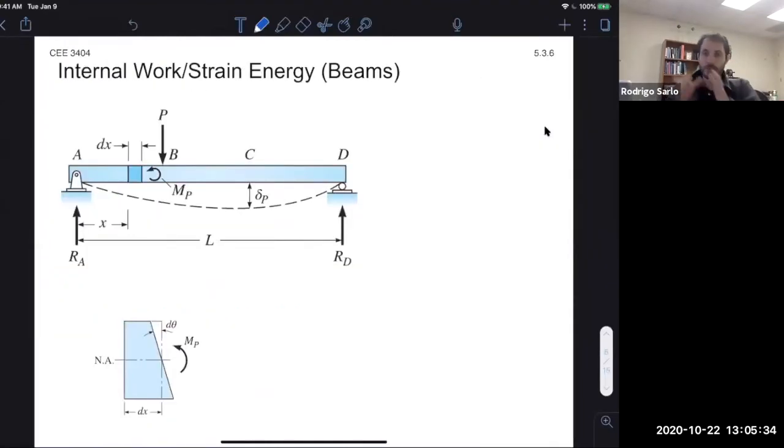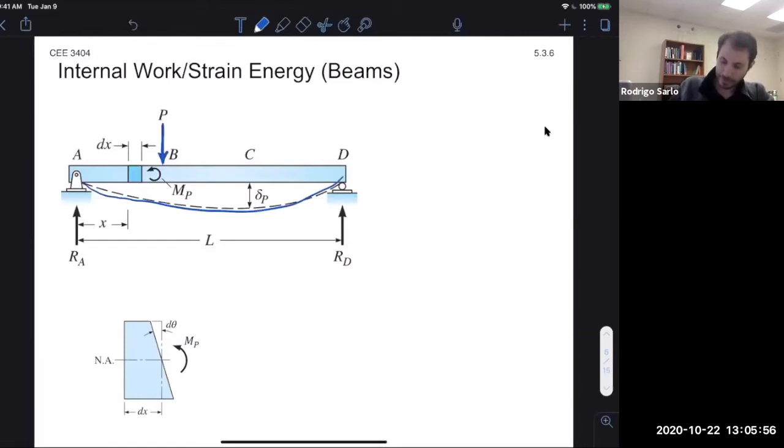So now we shift over to the right side of the equation, right? The internal work will be strain energy, okay? And for now, again, we're assuming the beam is in pure bending. So let's say we apply force P to a simply supported beam. That's going to cause our beam to deflect, right?